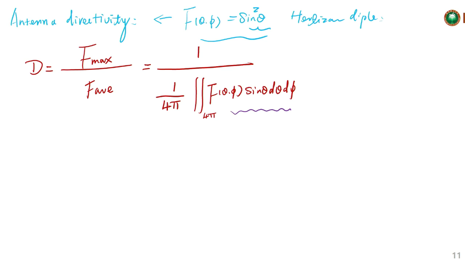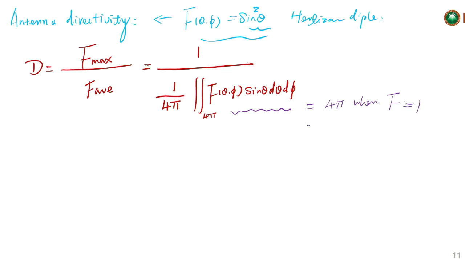So actually, if f theta phi equals 1, the integration of this can be expressed as how much? 4 pi, all right? When f equals 1, always.